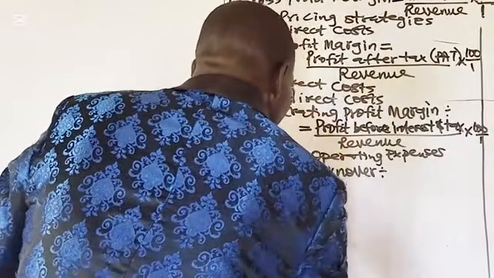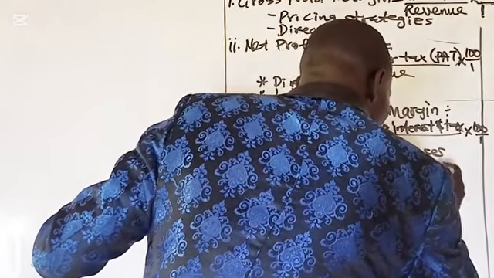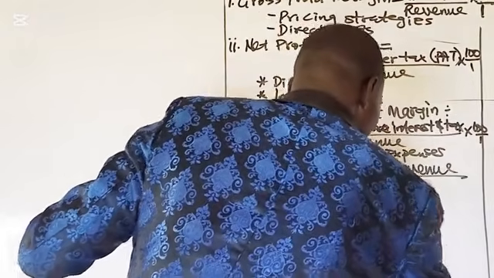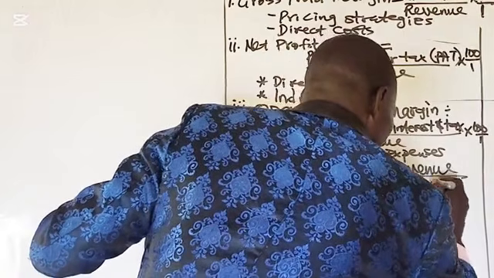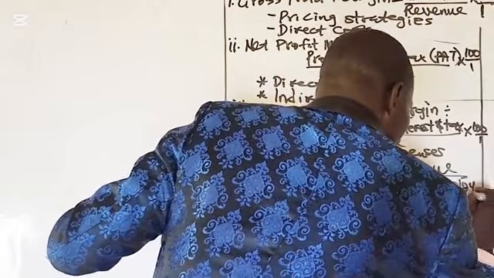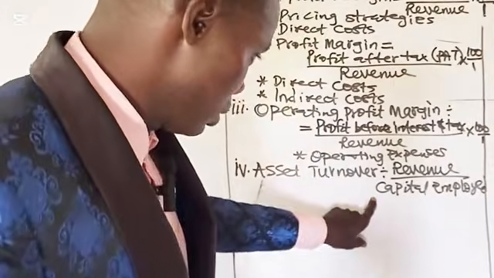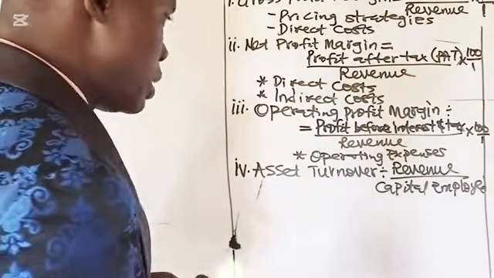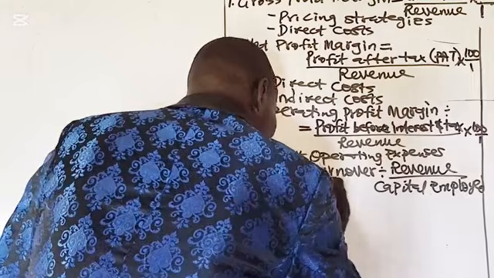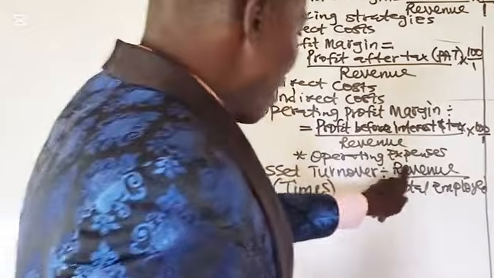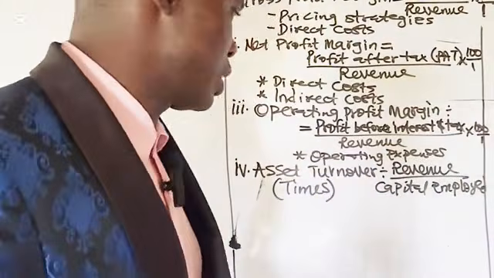Asset turnover is equal to revenue over capital employed. This asset turnover can be computed in times. It can also be computed in days. This one is in times. If you apply revenue over capital employed, that will give you asset turnover in times.